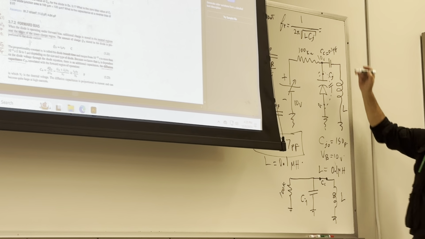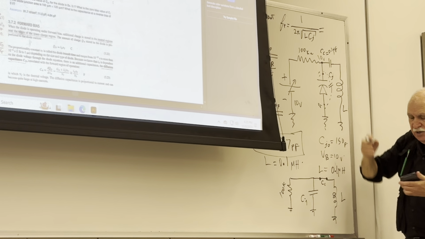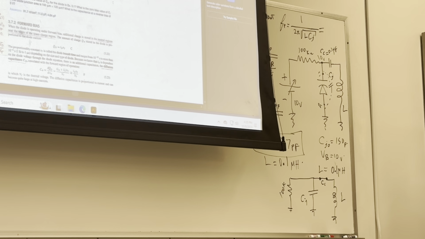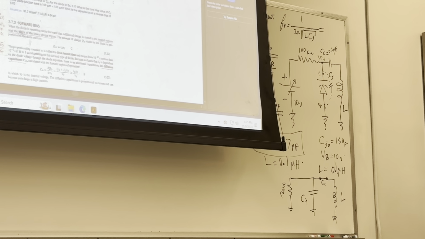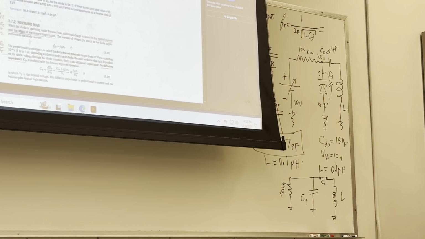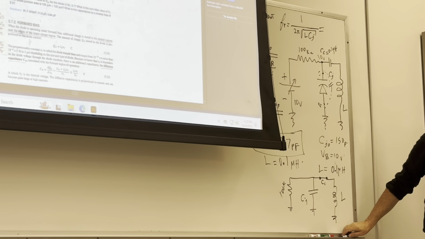Therefore, resonant frequency will be equal to, let's see how much it comes to, 0.1 micro, exponent minus 6, multiplied by 32.7 exponent minus 12, square root, that times it by 2 pi, and then invert it. 88 megahertz.